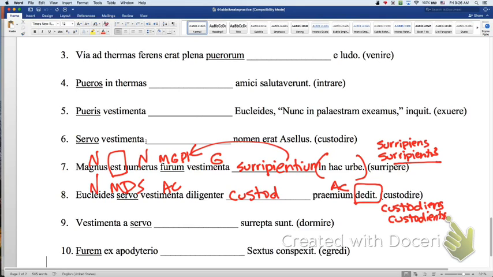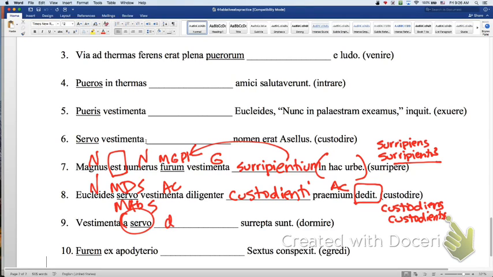I'd say custodienti, right? So then Euquates, what did he do? Gave the reward. Who did he give the reward to? Yeah, to the slave diligently guarding the clothes. Good. Okay, see how this has a preposition in front of it? That's what's going to make it ablative. So we got masculine, ablative, singular.